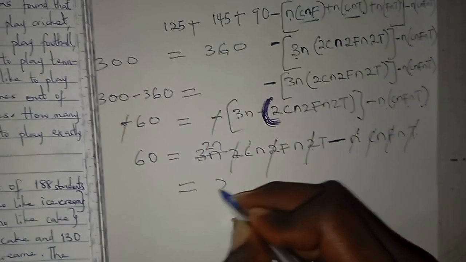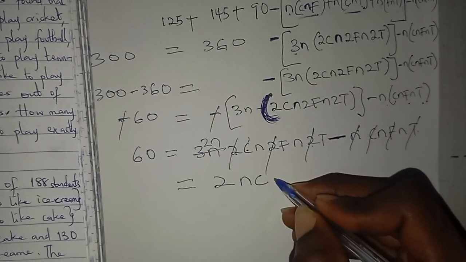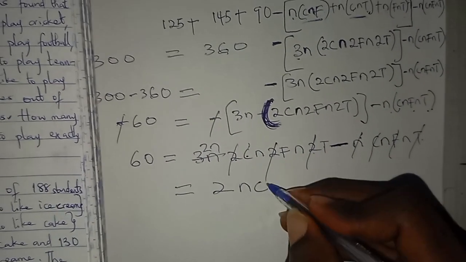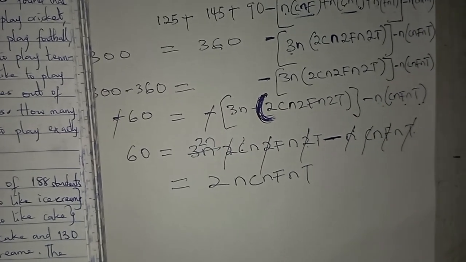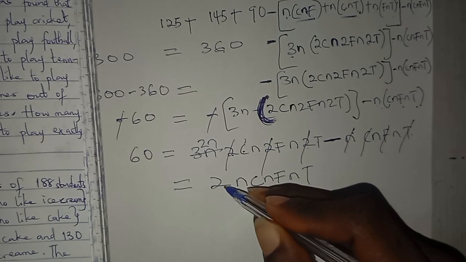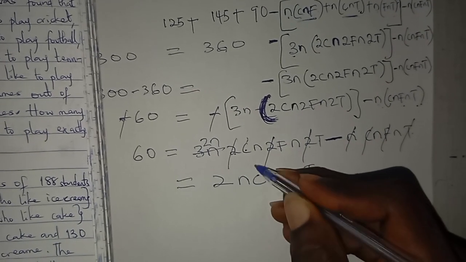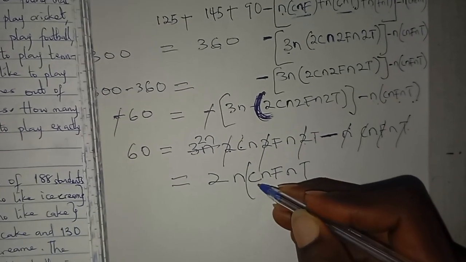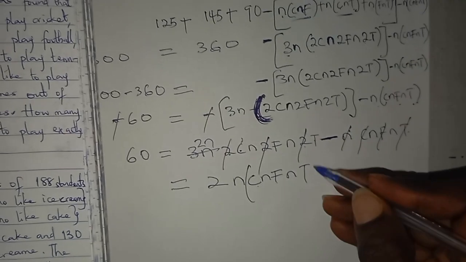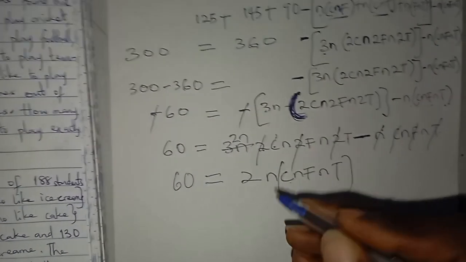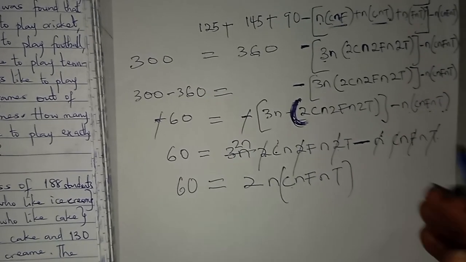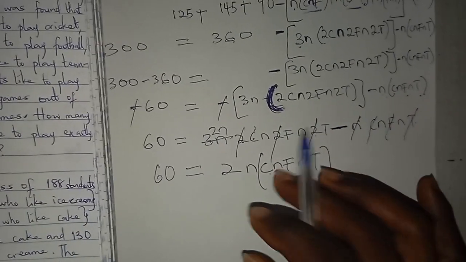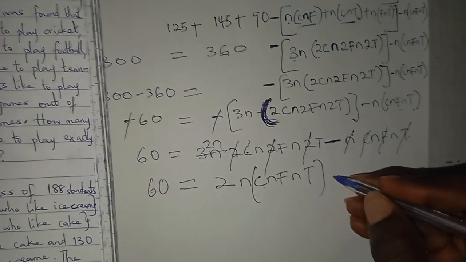So I now have 2n c intersection f intersection t. This is the same thing as saying 2 of the number that played cricket, played football and played tennis is equal to 60. And notice that everything we've done on this side, we are given a value for it.